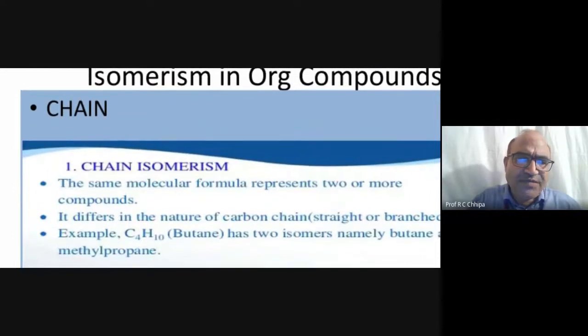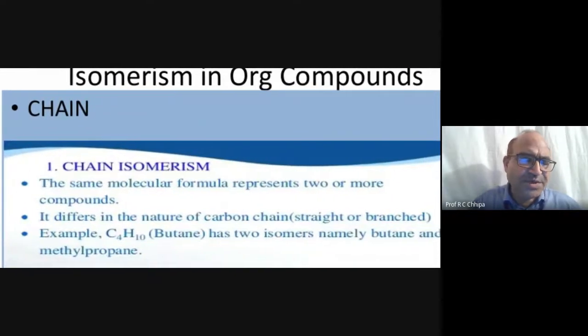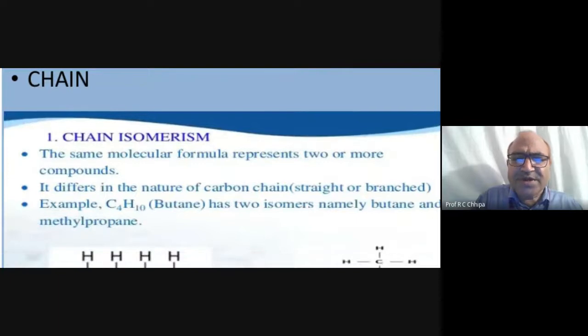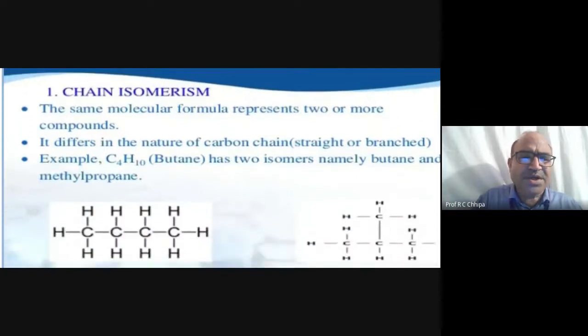Now we have to come towards the chain isomerism. I have already discussed that the same molecular formula represents two or more compounds. It differs in the nature of the carbon chain. The carbon chain may be straight or branched. An example is the simple butane.